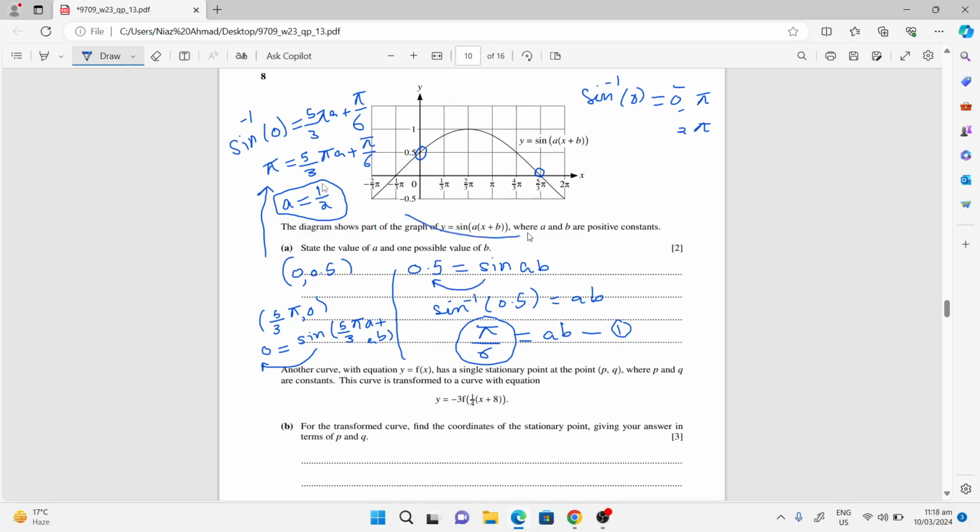For the value of b, we have the first equation, b equals pi by 6. So my value for b will be pi by 6 times 2, which is pi by 3.